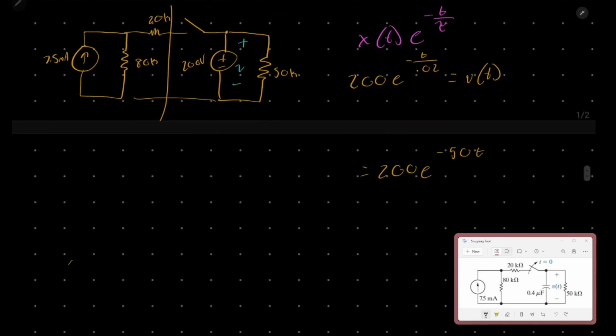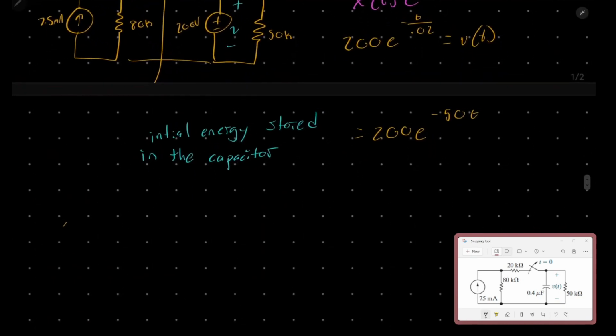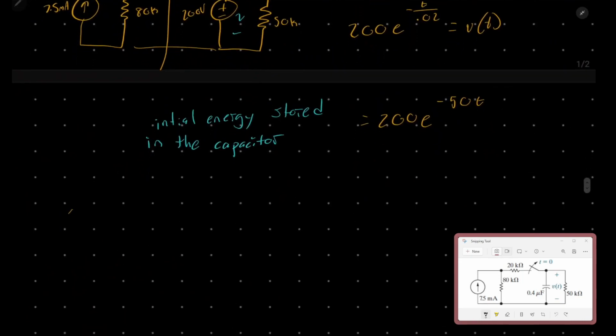Okay, one more thing we need to find is the initial energy stored in the capacitor. And if you remember, the equation for the energy in a capacitor is 1/2 CV squared.